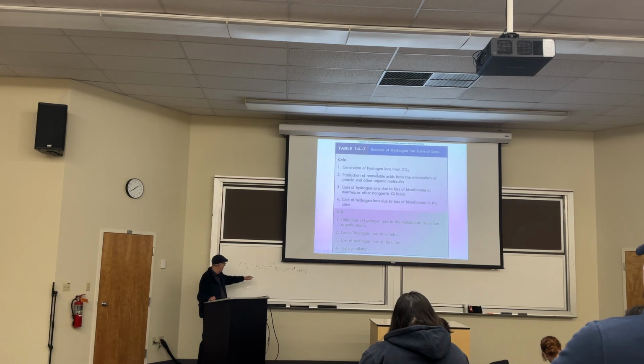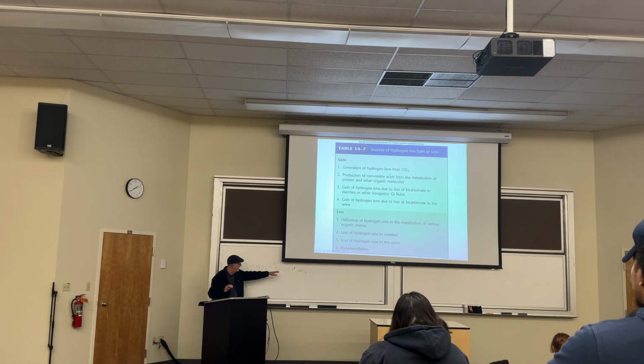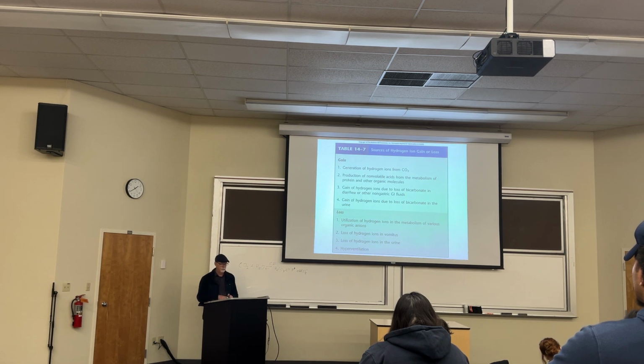We can gain it from more CO2 driving this reaction to the right. We get more hydrogen ions. Production of non-volatile acids, non-volatile means doesn't go in the air, from metabolism of protein and other organic molecules. So, metabolic production of hydrogen ions, essentially.